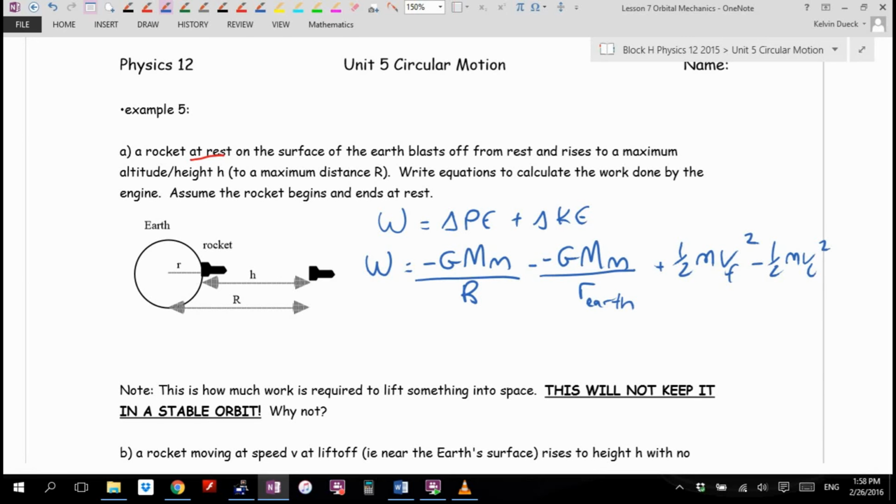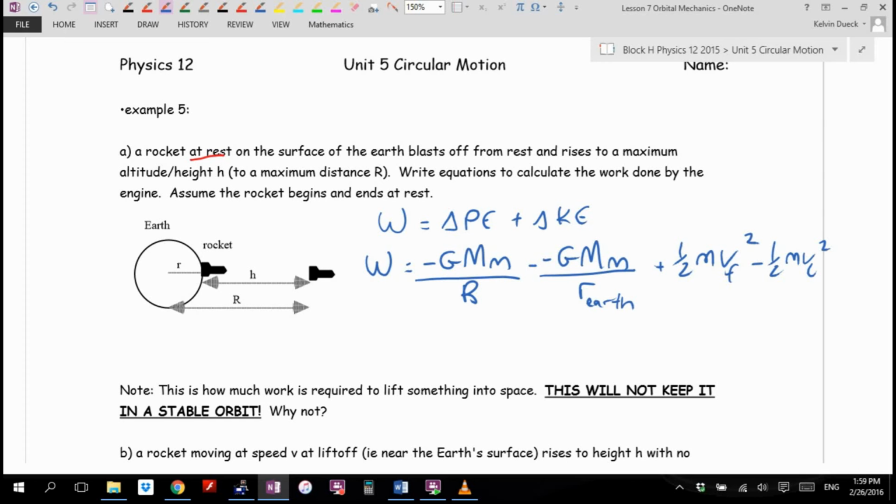Now, in this situation, are any of these zero? What does it say that we should assume here? What's v initial? What's v final?